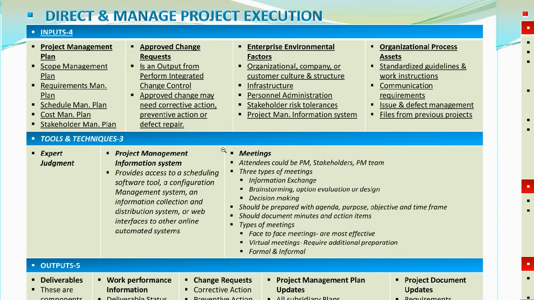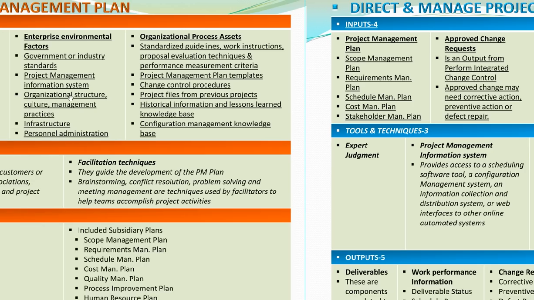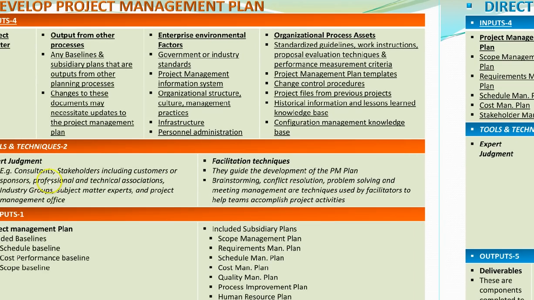It talks about how we are going to direct the project and how we are going to manage and execute the whole project. So what are the inputs that we will need for the direct and manage project execution process? We have 4 inputs. One is the project management plan. And where did we get the project management plan from? We got it from the previous process, from right here.